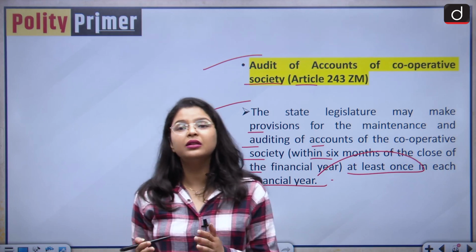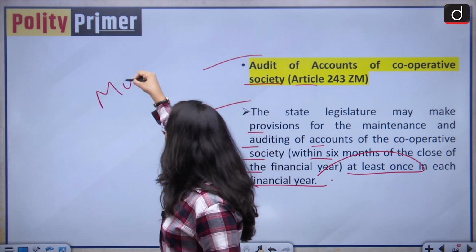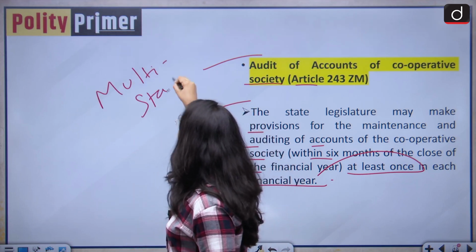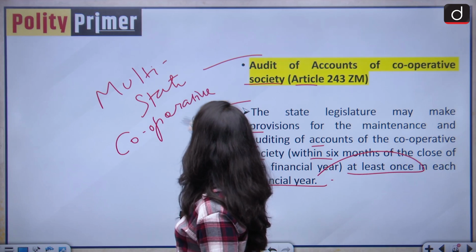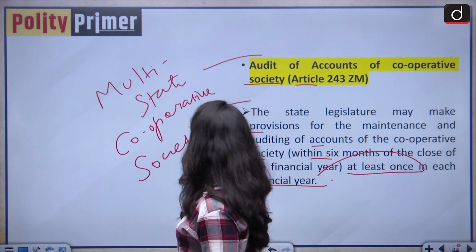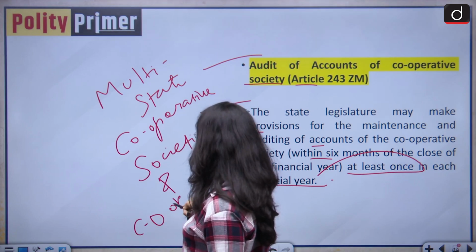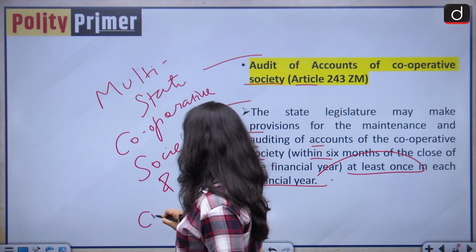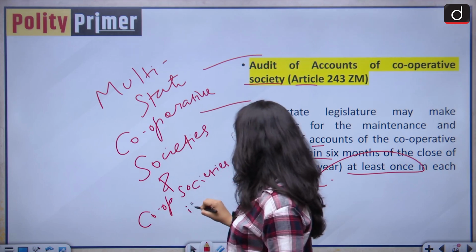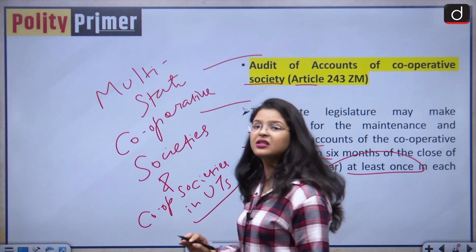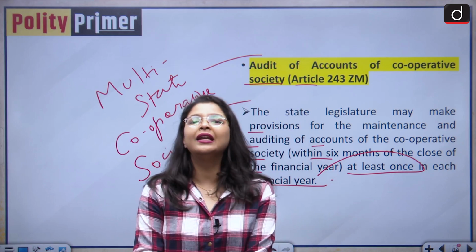Okay, and the provisions that are mentioned under these articles of Part 9B are also applicable on the multi-state cooperative societies and cooperative societies in union territories as well, until and unless the President by explicit notification excludes the operation of this part in any union territory.